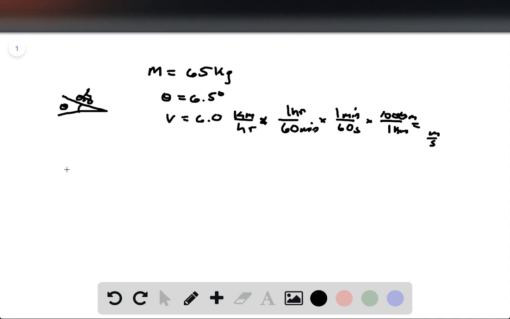And we're told that there is air resistance, and we want to know how much force she has to apply to climb the hill instead of just coasting down it. So coasting down it, we'll take that to mean that she's not accelerating. She's just going at a constant speed down the hill.